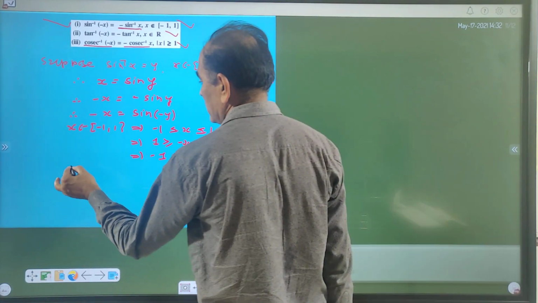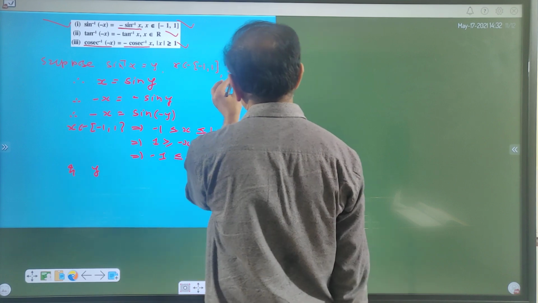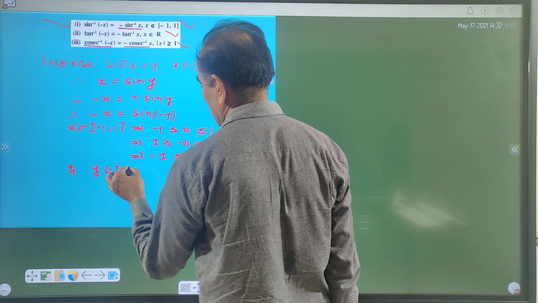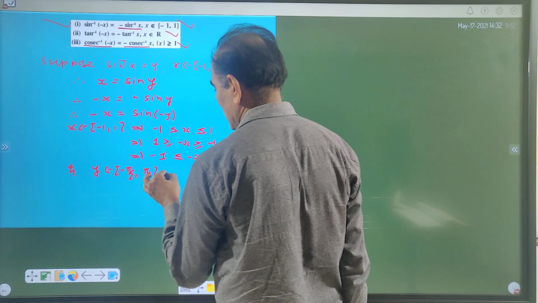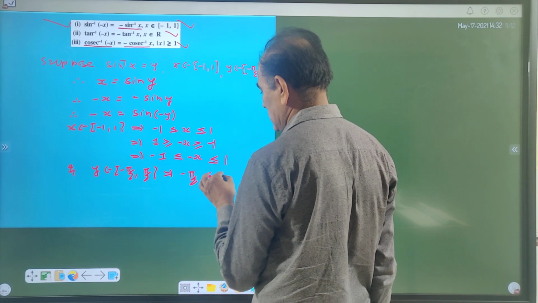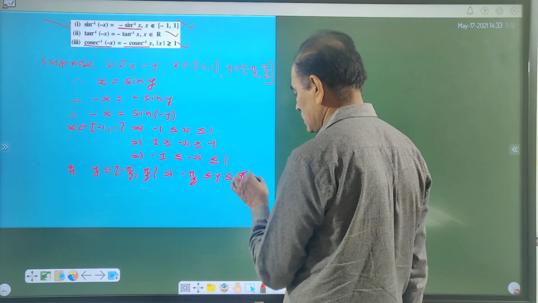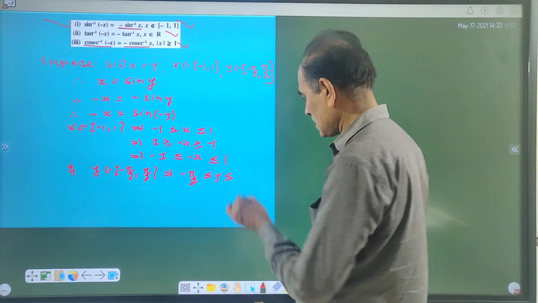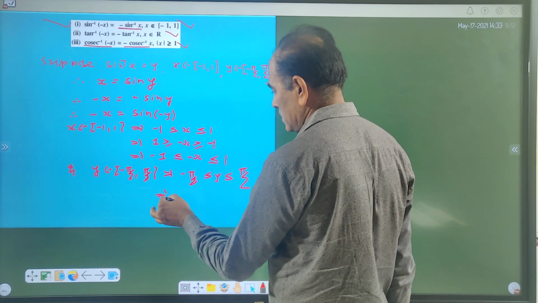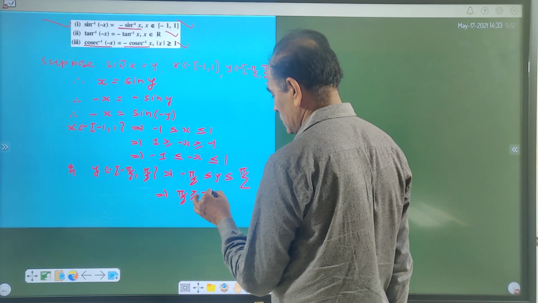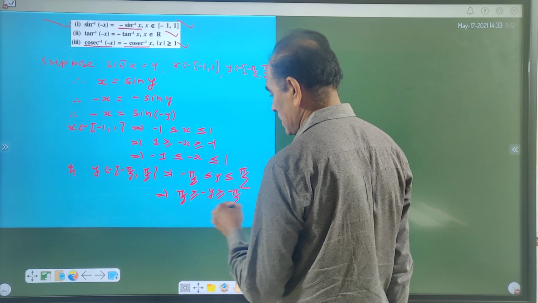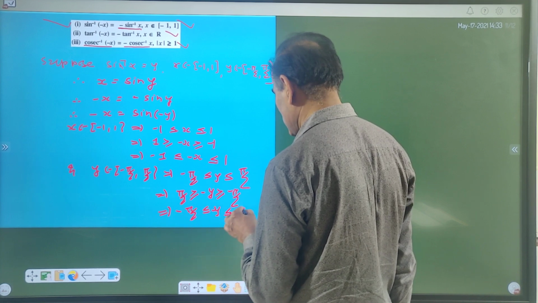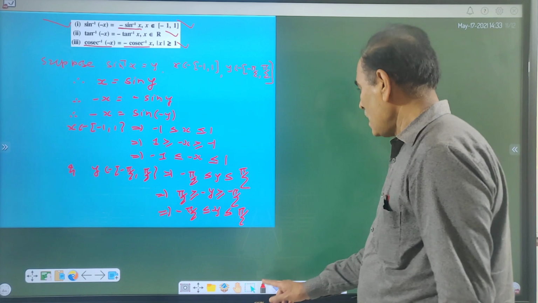Clear? And where is y? y belongs to closed interval minus pi by 2 to pi by 2. This implies minus pi by 2 less than or equal to y less than or equal to pi by 2. Clear? If we multiply by minus 1, what do we get? Pi by 2 greater than or equal to minus y greater than or equal to minus pi by 2. So minus y also lies between minus pi by 2 and pi by 2.